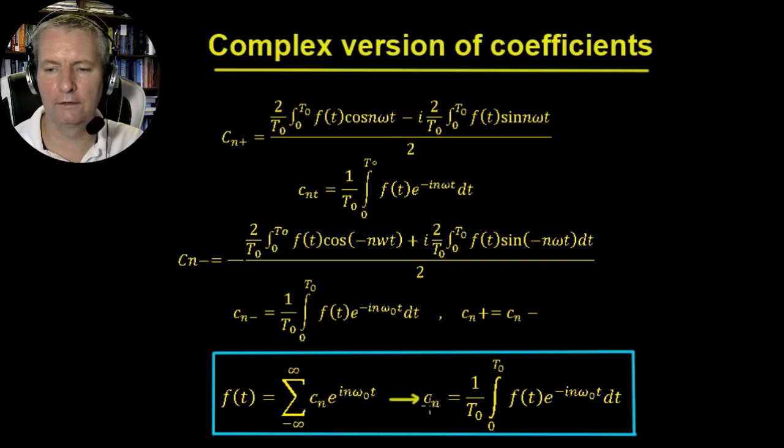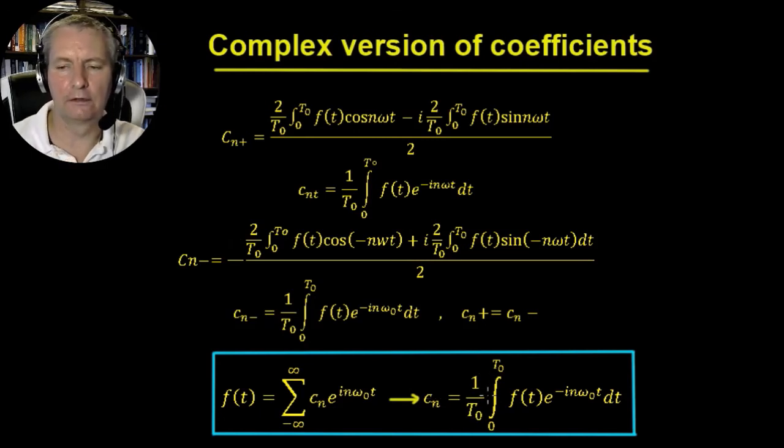In order to find the constant, we have to form a dot product, and this here is the dot product: 1 upon t naught, the integral from 0 to t naught of the function times e to the minus i n omega naught t dt. So we're doing the same here as we've done with the Fourier series, and you can note that the value of 1 upon t naught comes in because we need to normalise the vector space.